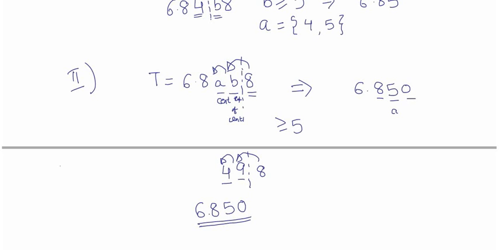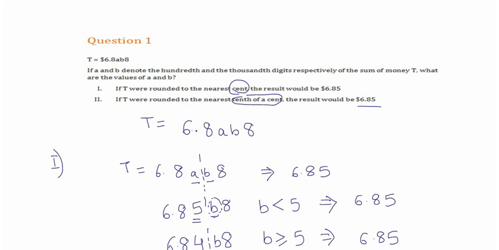So from this statement alone, I can find out the value of A, which is 4, and the value of B, which is 9. So statement 2 is sufficient for finding the solution. Using statement 2 I can find the solution, but using statement 1 I cannot find the solution.